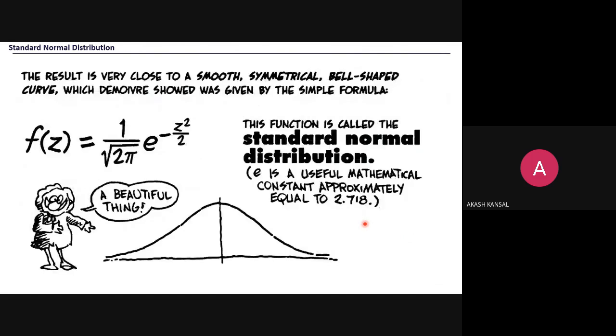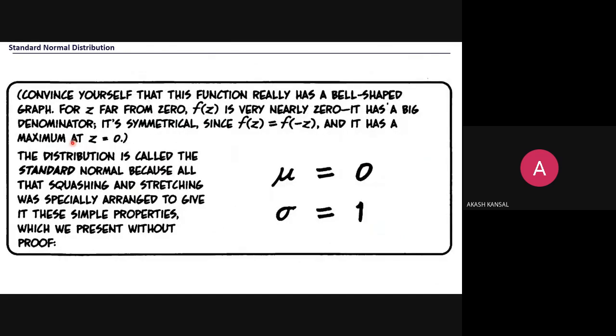Now, if I talk about this equation, the standard normal equation, mathematically you can just integrate it and see what the mean and the standard deviation are, and what you will observe is that for a standard normal distribution, your mean will be 0 and your standard deviation will be 1, which means the variance will also be 1, right?